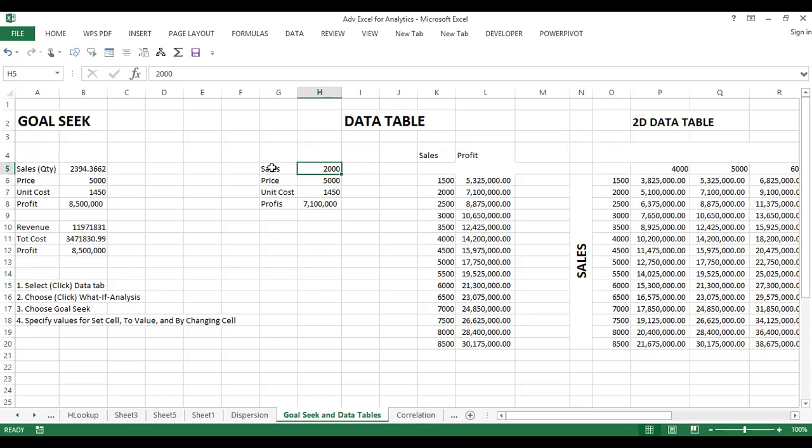That's our objective now. Our objective is to increase profit to a certain value. Let's say we want to increase profit to 10 million. We want to increase this profit to 10 million by adjusting the sales value.